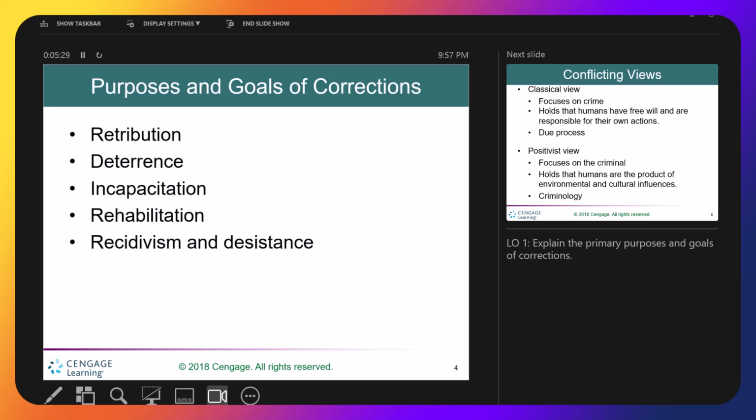So the goal is to try to reduce the recidivism rate. And desistance is when you get them to the point where they're no longer committing crimes, and they've sustained being lawful for a significant period of time.